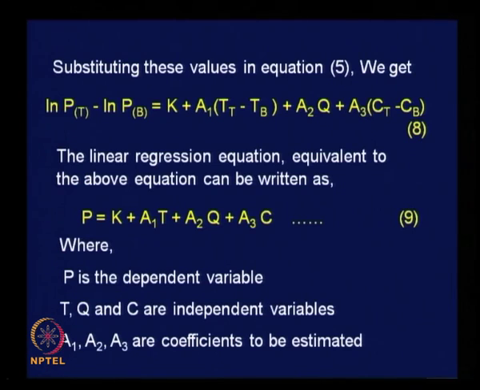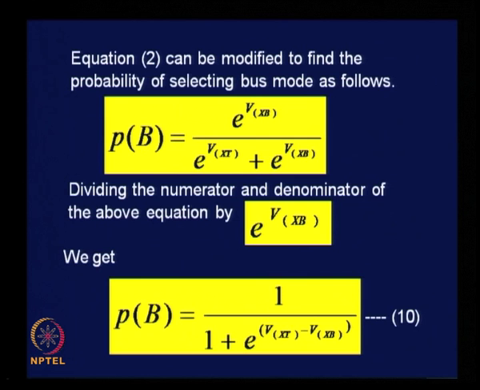So for any given situation it is possible for us to get these values once you know the travel time difference, travel cost difference, value of q and the already calibrated value of k. You can find out the value of Vxt minus Vxb, right, and simply substitute that value here. So this term can be evaluated using the linear regression equation and we substitute that value in equation 10 to get P of b.